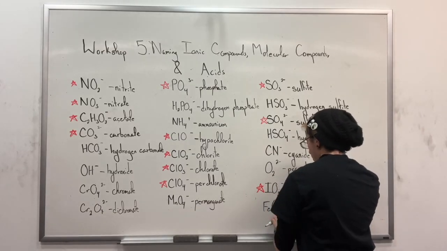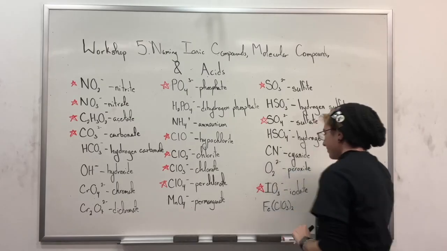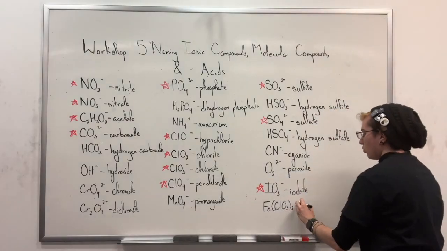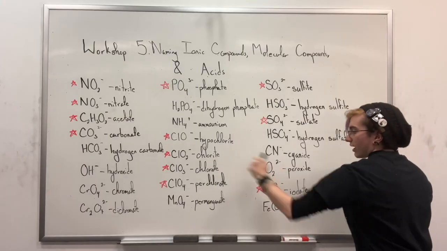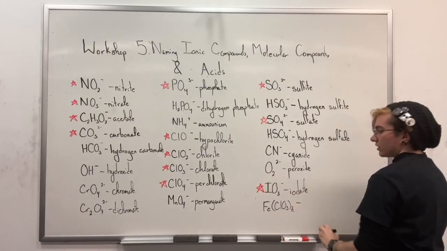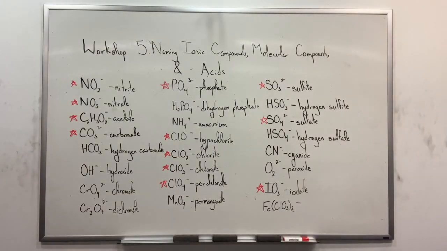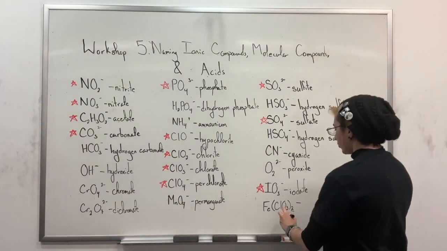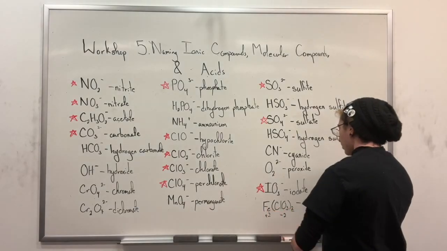I'm actually going to change that to ClO3. Same thing, we have to know what our charges are. ClO3, chlorate, has a -1 charge. There's a 2 here, so there's 2 moles of chlorate. If there's 2 moles of chlorate, that means there's an overall charge of -2. So this iron has to be +2.